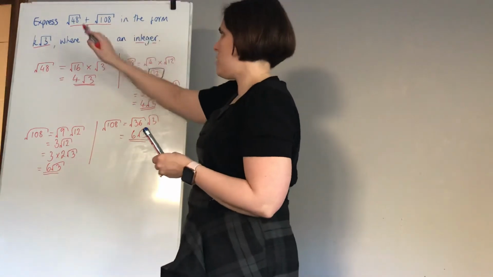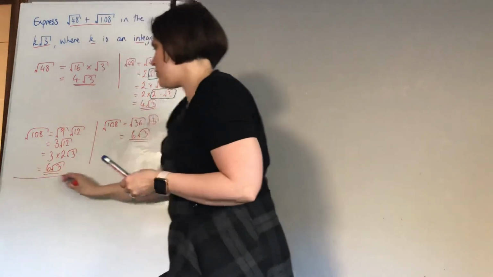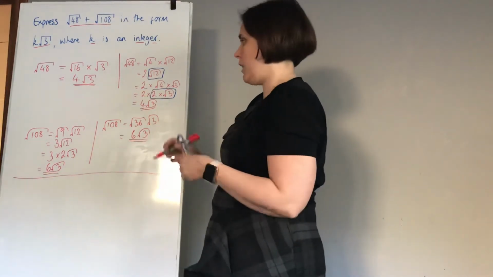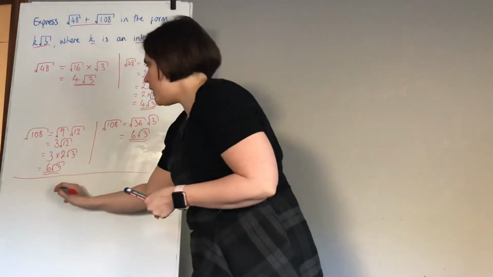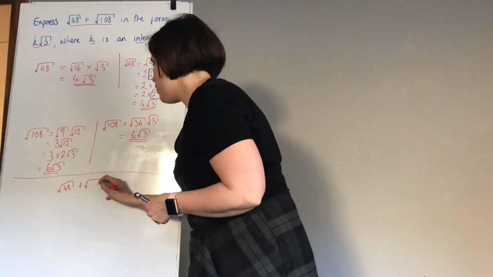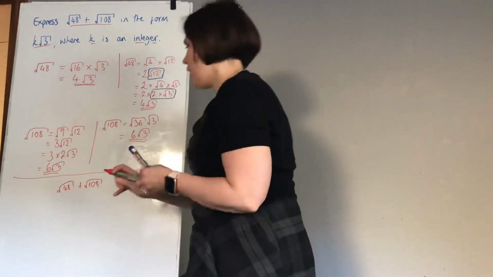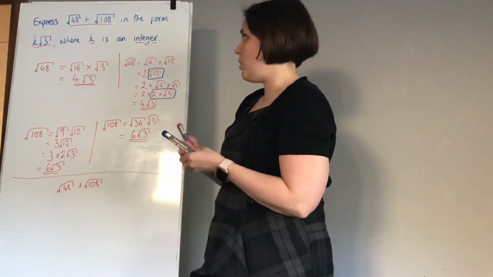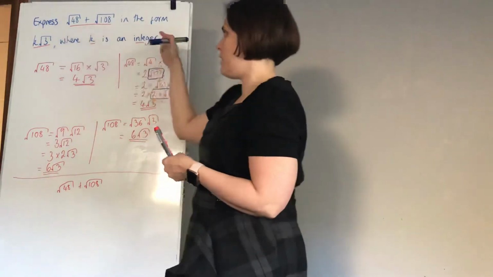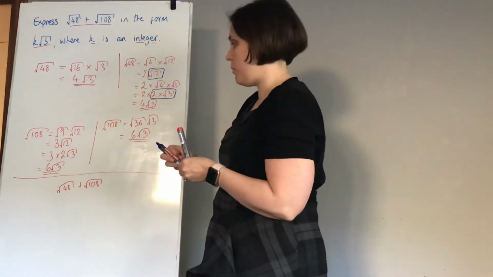Now, that's just working out those two parts, and when you do this in the exam, you will have just done one route for each of those. So, we have root 48 plus root 108, and this is essentially a coded question: what they're asking you to do is to simplify.